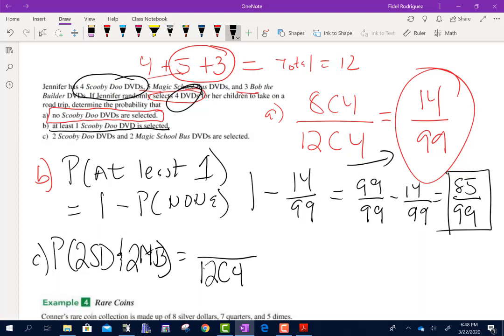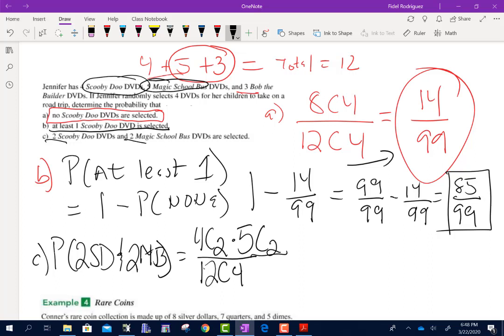We have 4 of them, and we want to choose 2. And how many Magic Bus DVDs do we have? We have 5 of them, and we're going to choose 2, because we want 2 Scooby-Doo and 2 Magic Bus.